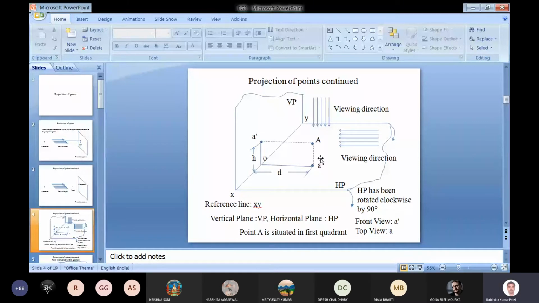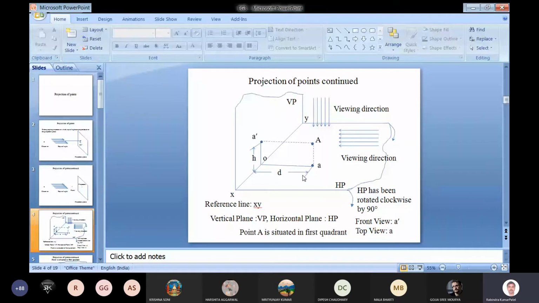The projection of point A onto the horizontal plane shows the distance from the line XY. And which line is this line XY? Line XY is the intersection of two planes, the vertical plane and the horizontal plane. Its distance is shown on the horizontal plane and height is shown on the vertical plane.